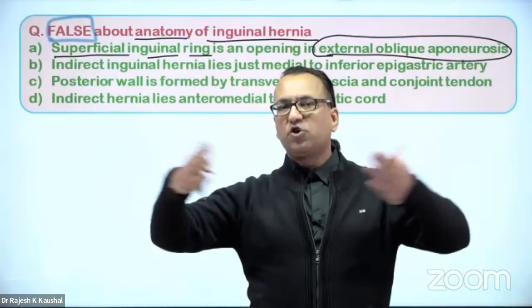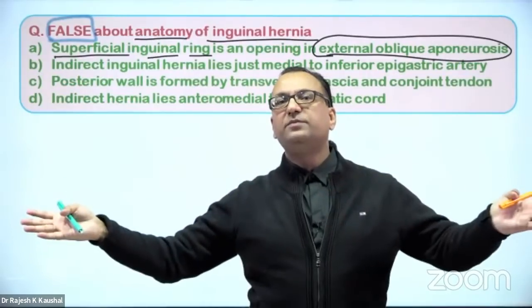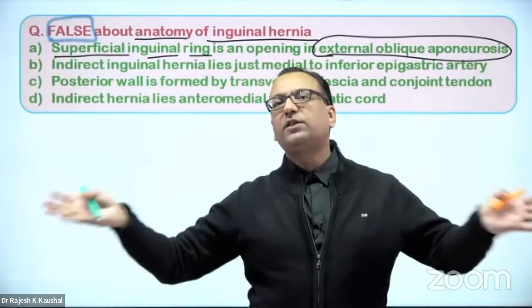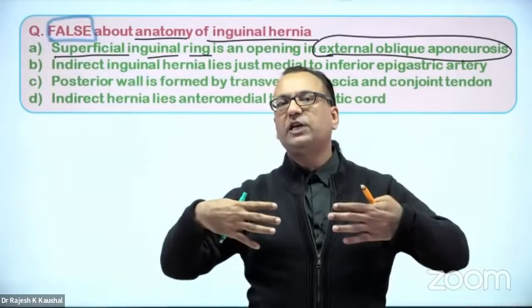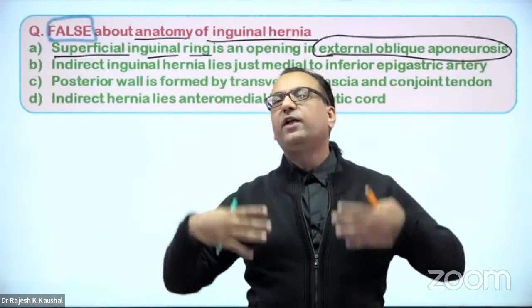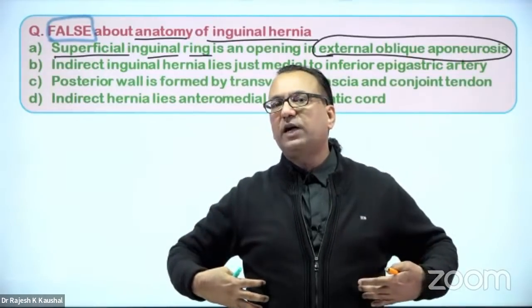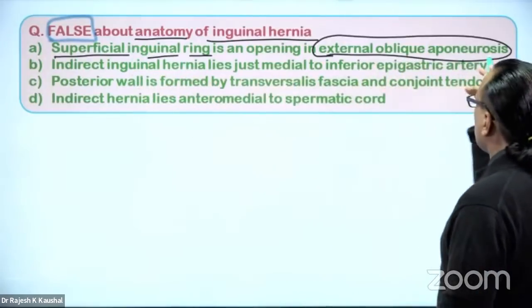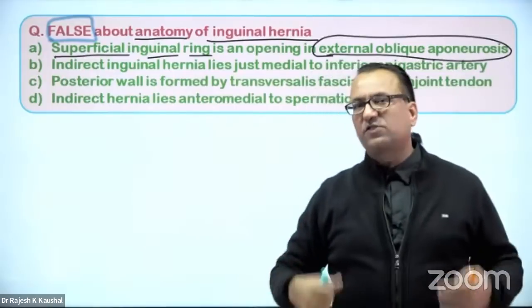Remove the external oblique muscle, then you get the internal oblique. If you remove that, the transversus abdominis muscle. If you remove all three, the transversalis fascia. And if you remove that, then the peritoneum and the abdominal viscera. So if the superficial ring is an opening in the external oblique aponeurosis, the deep ring is in the transversalis fascia.